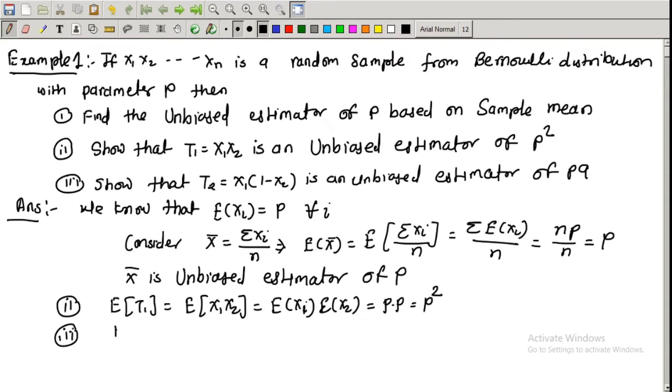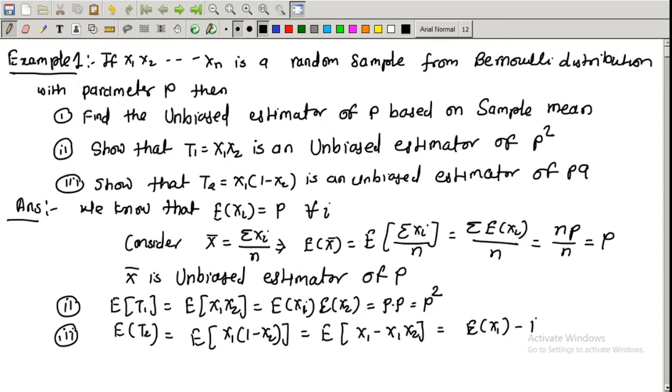So consider the expected value of T2, which is equal to expectation of x1 into 1 minus x2, which is equal to expectation of x1 minus x1 into x2, which is equal to expectation of x1 minus expectation of x1 into x2, which is equal to p minus, taking expectation inside, expectation of x1 into expectation of x2, which is p minus p into p.